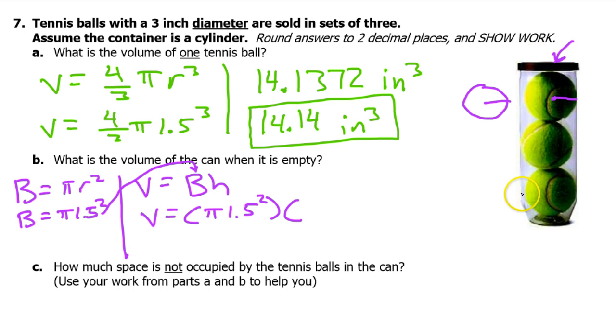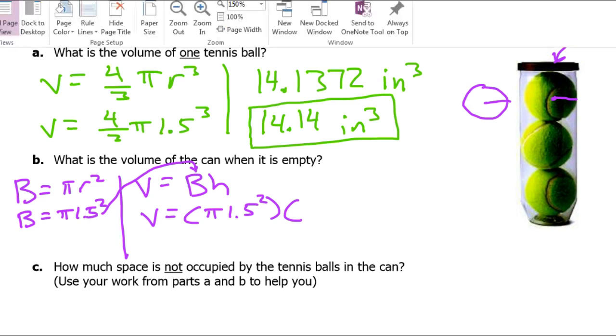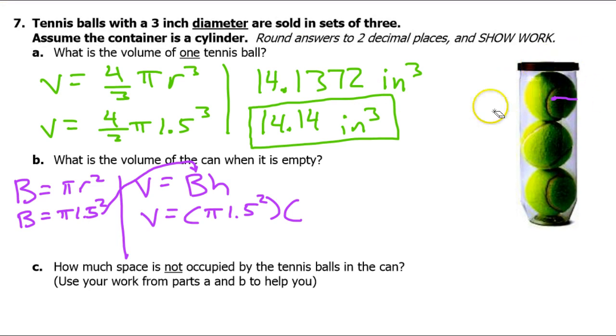What is the height of this can? They don't tell us the height, but if we assume that the tennis balls reach all the way to the top and fill this can, well, remember, each tennis ball has a diameter of 3 inches. I said centimeters, but that's 3 inches.